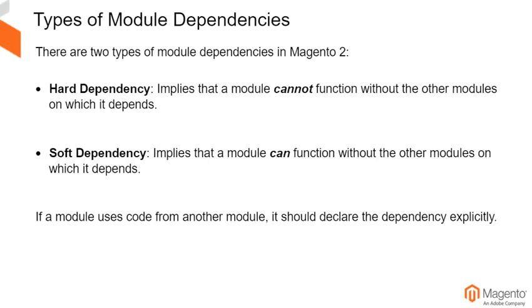Knowing the difference between hard and soft dependencies is important when you have to make configuration changes. Hard dependencies: the module cannot work if the module on which it is dependent is not installed. Examples of hard dependencies include: the module contains code that directly uses logic from another module, instances, class constants, static methods, public class properties, interfaces, and traits.